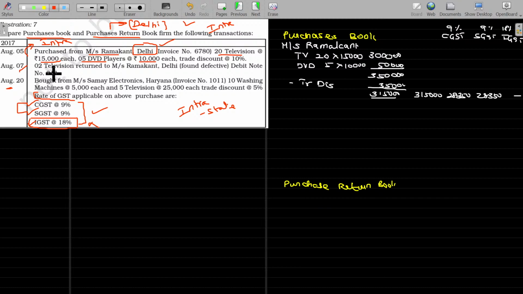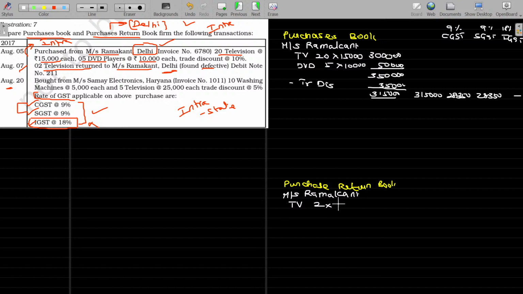On 7th August, 2 televisions returned to Mrs. Ramakant, Delhi, found defective. So, Mrs. Ramakant, right? How many TVs returned? 2 TVs.